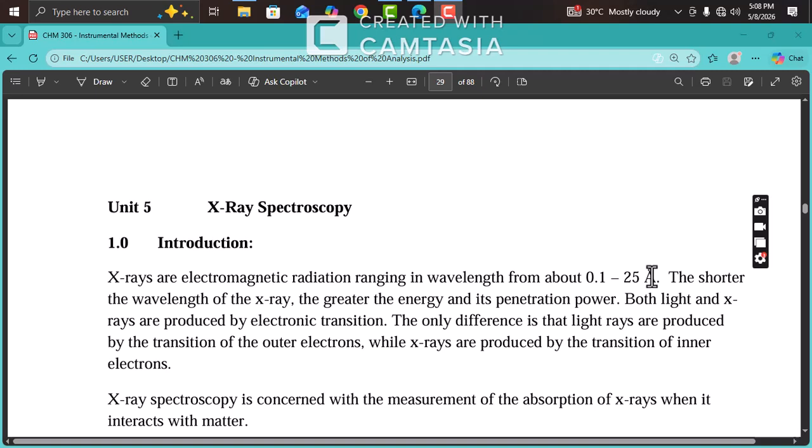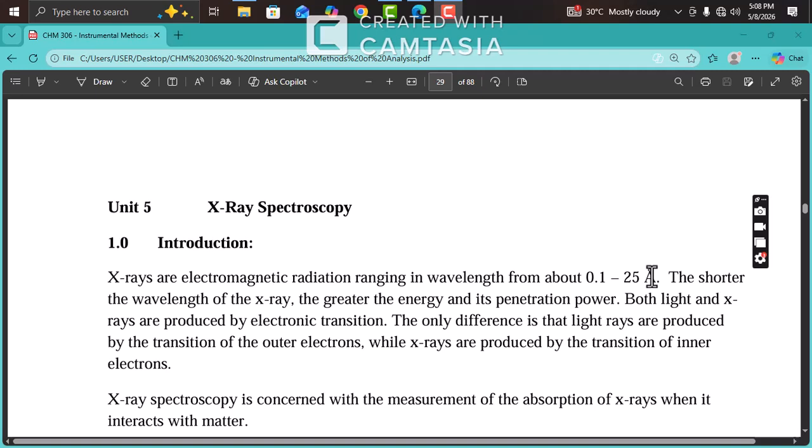Remember, based on the equation E = hc/λ, we know that energy is inversely proportional to wavelength. So when the wavelength is long, the energy is low. When the wavelength is short, the energy is high.